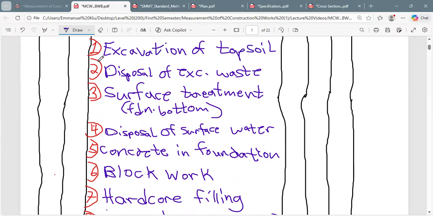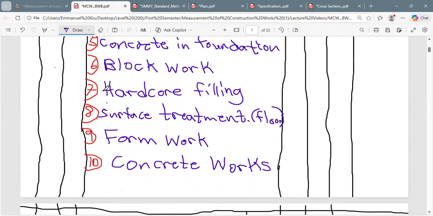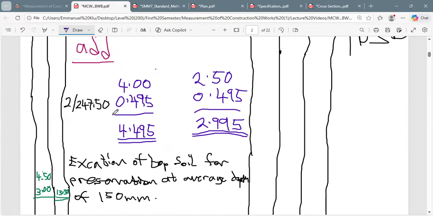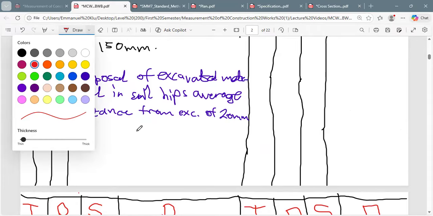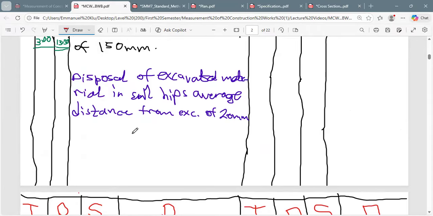So we are coming to three. The third one is our trench excavation.